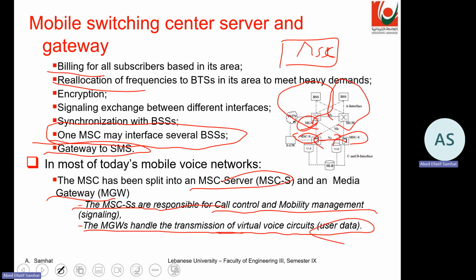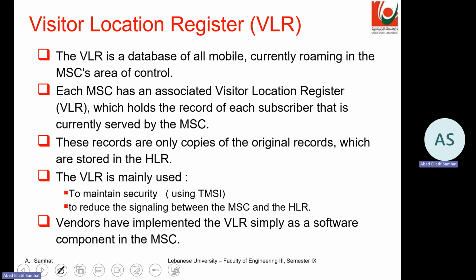So as we said, this is the mobile switch center. Within the core network we also have an important equipment, which is the visitor location register. From its name, it's a kind of register, so it's a database. It holds all mobiles currently under the control of this mobile switch center, and they could be clients of the same operator, or, for example, clients from another operator that we have a roaming agreement with.